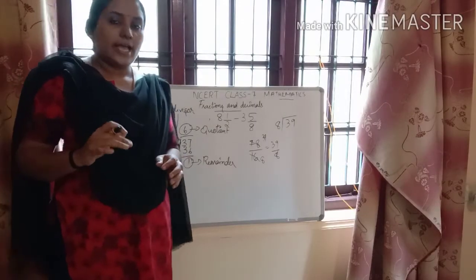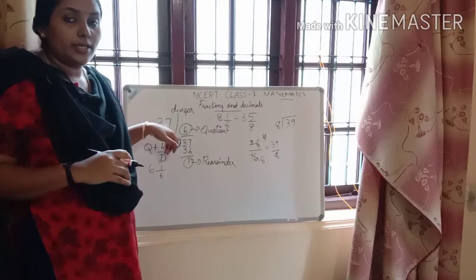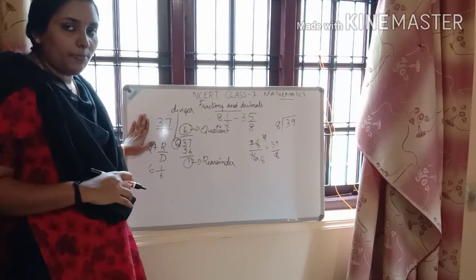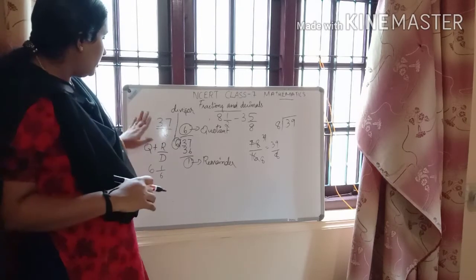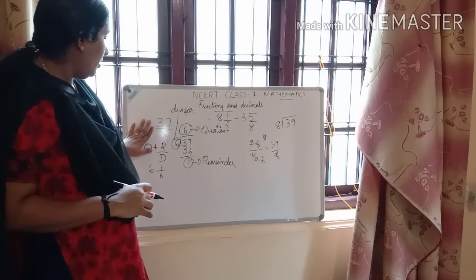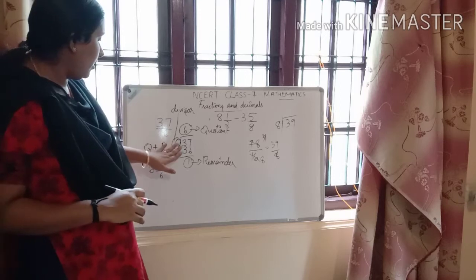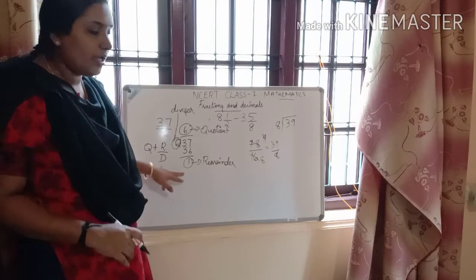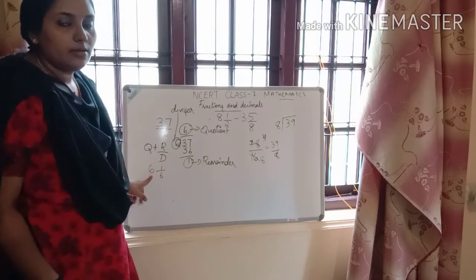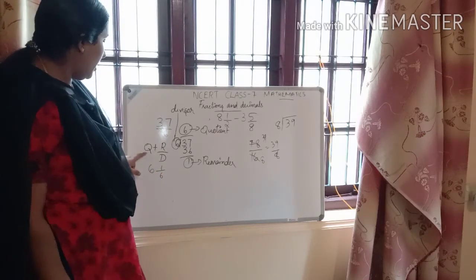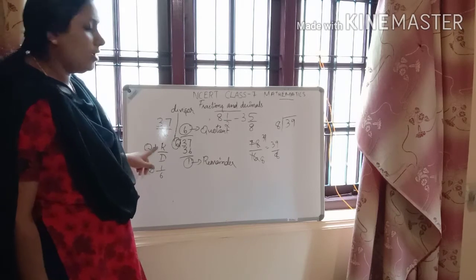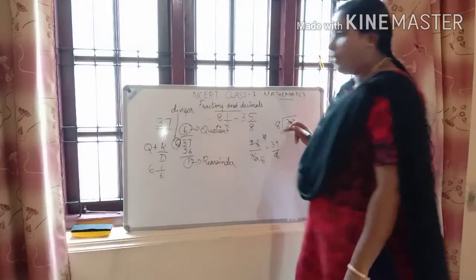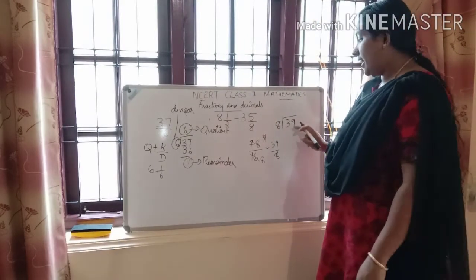So we have learned converting an improper fraction to a mixed fraction. See, 37 by 6 can be divided by 6: 37 divided by 6 gives the quotient and the remainder. We can write it with this formula using this technique: quotient plus remainder divided by divisor. Here is one more example: 39 divided by 8.